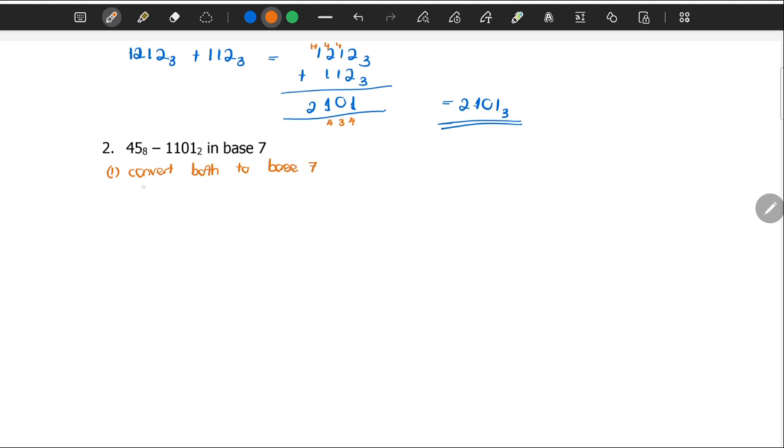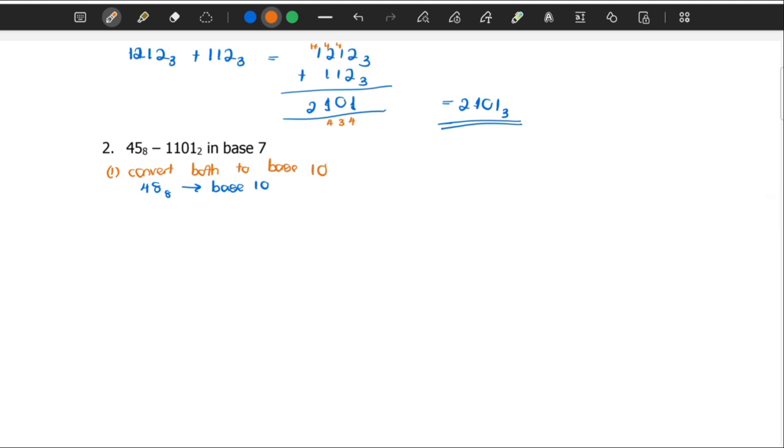So again, it's 48 base 8 to base 10, and then to base 7. Sorry, convert both to base 10. So I'm choosing to convert to base 10, compute, and then convert the answer to base 7.